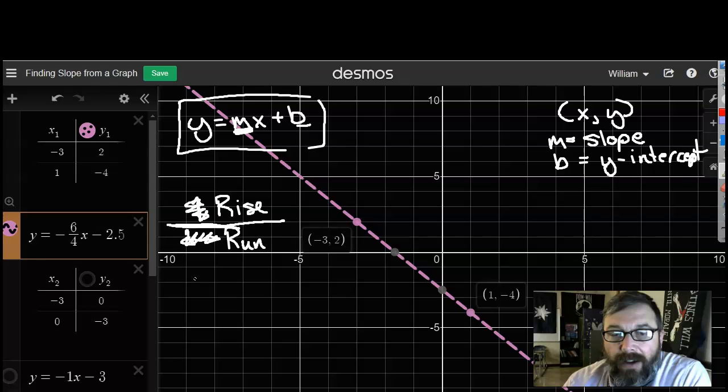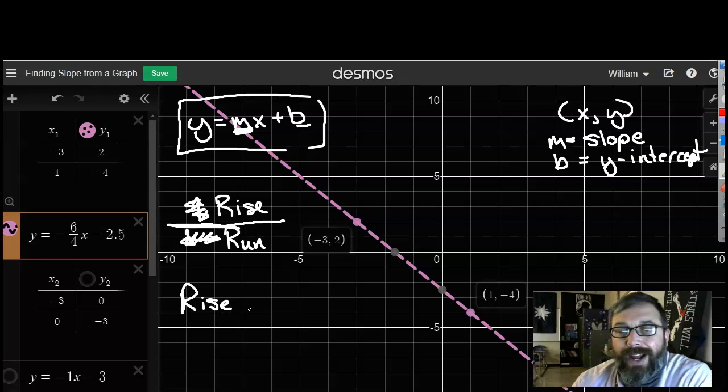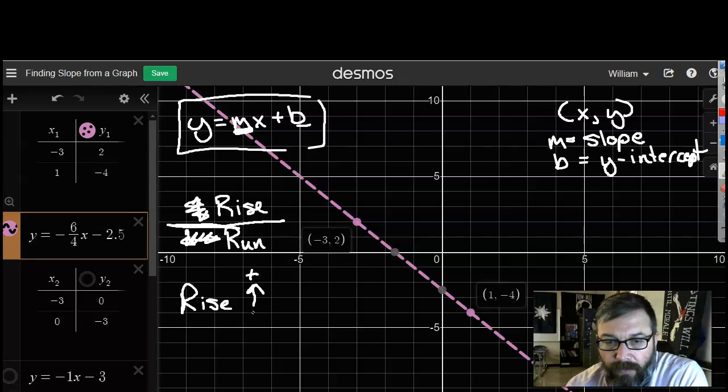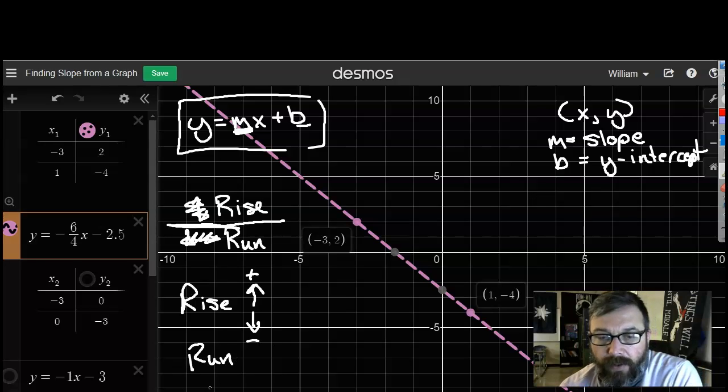Okay, so now let's talk about rise, going up or down. Up will be a positive number, down will be a negative number. When I talk about run, I only read books from left to right.